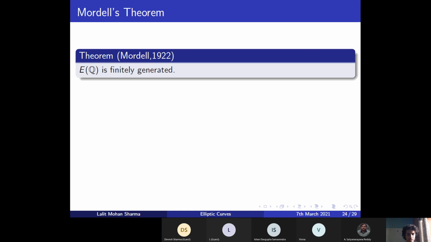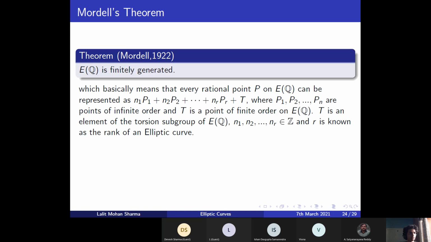So if E of Q is finitely generated, it means that you can have some points such that you can generate every rational point. And it turns out that every rational point P can be represented in this way.